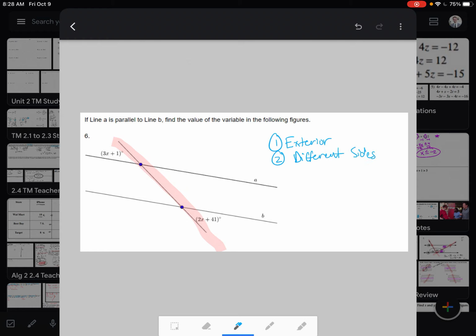So that means that right here we have alternate exterior angles, which means they are congruent. So that can set us up to solve, and you're going to have to finish solving this. We know that the first angle is the same as our second angle. So we'd go through, put like terms together, and get an answer for x equals.